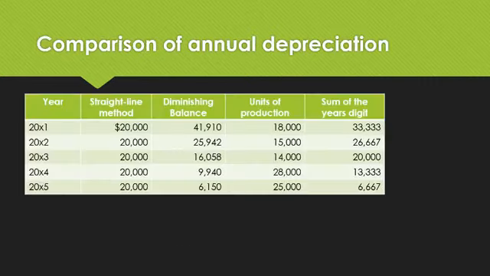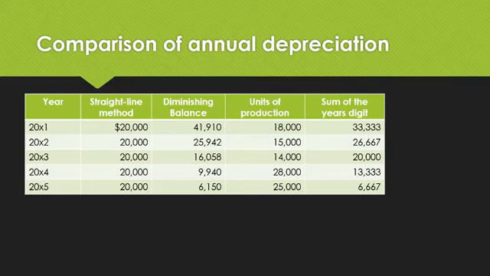Alright, so if we compare the annual depreciation of each for all the methods, you can see the straight line method has a constant rate for every year. With diminishing balance, you can see the depreciation charge diminishes. Units of production fluctuates depending on the number of units produced for the year. And with sum of the year's digit, the depreciation charge declines.